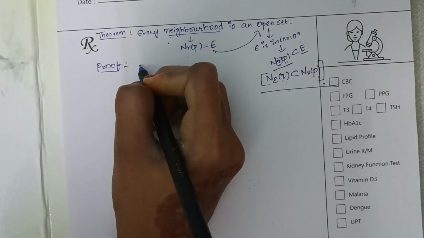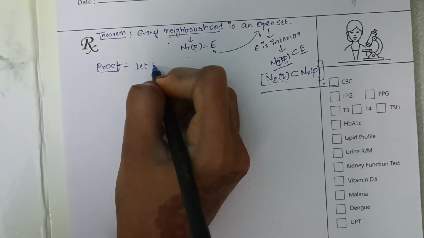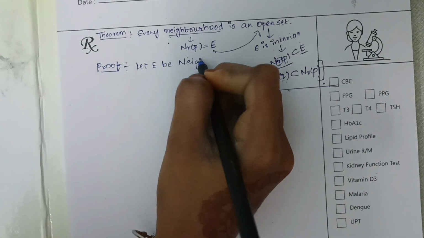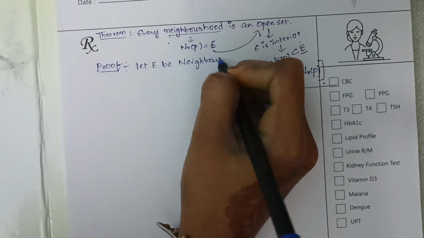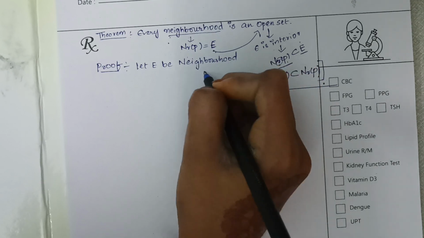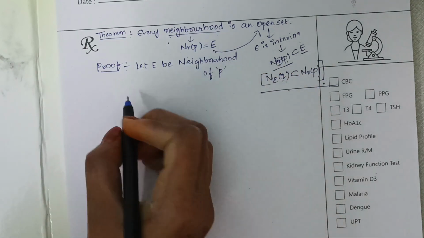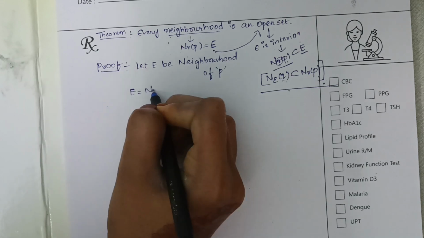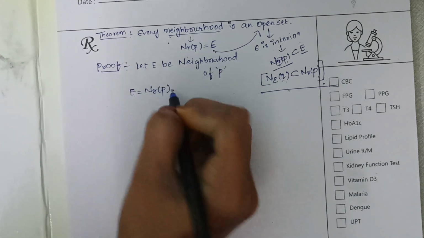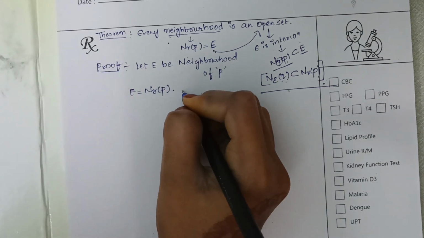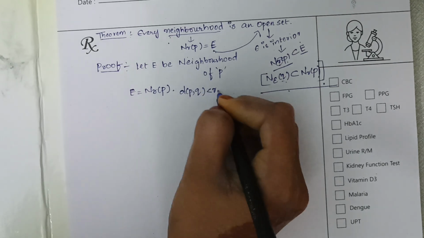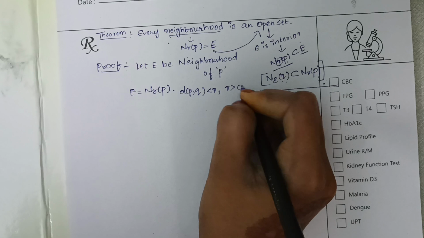First, let E be a neighborhood of point P, and E is equal to N_r(P), which is denoted as the distance between P comma Q is less than r, and r is greater than 0.